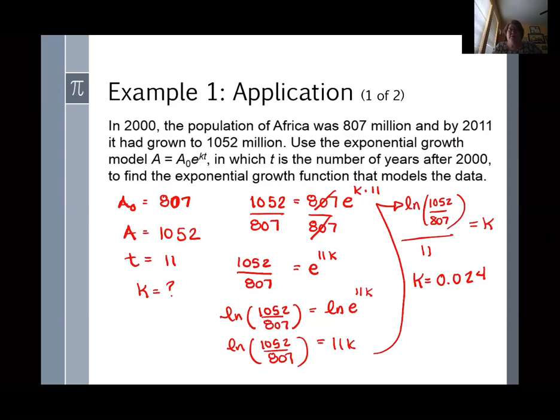And note that k is a positive number, which is what I expected. I expected it to be positive because this is growth. The population is increasing, so this is exponential growth. So now I can write my model.